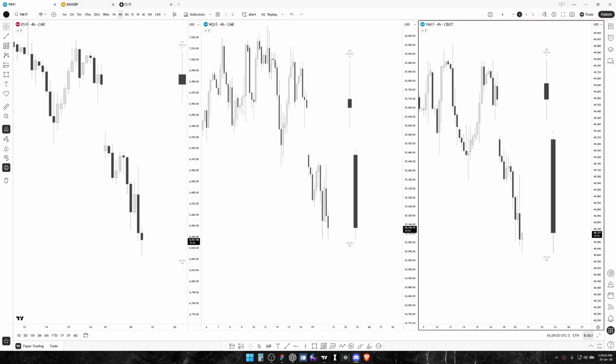This crack here is just a weekend gap. Friday, it's a gap. It opened up lower. Okay, so all good. I was thinking for some reason that something went off.